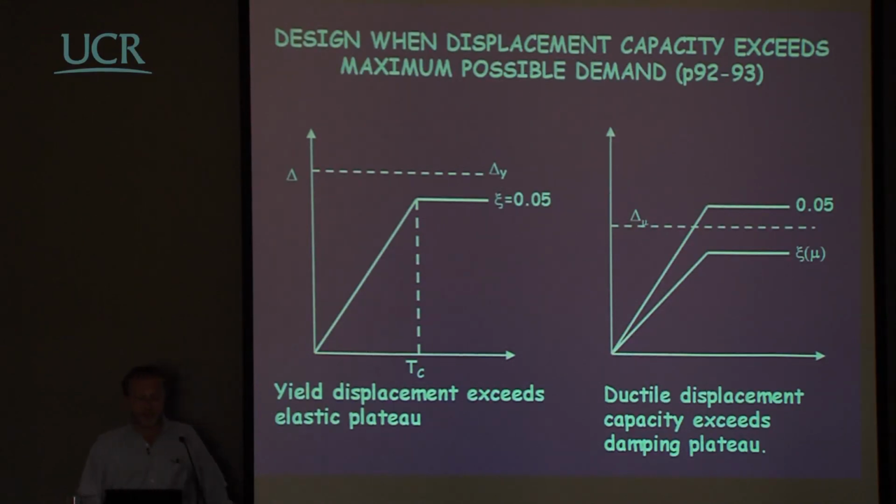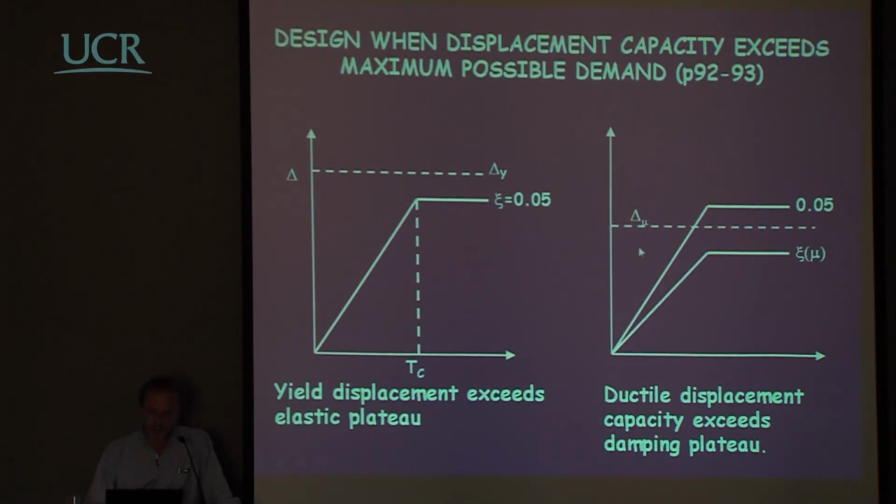But if you, on the opposite, have something like this, where you are designing, of course you cannot correct this because this is the delta y, but you can correct the design displacement. If you have something like this, this is the target displacement for a certain level of ductility.